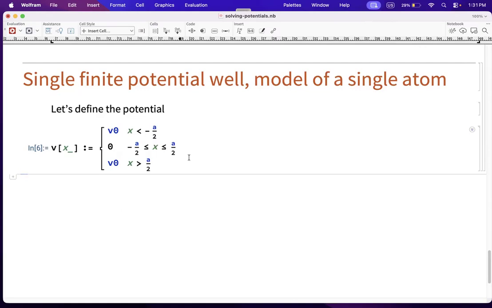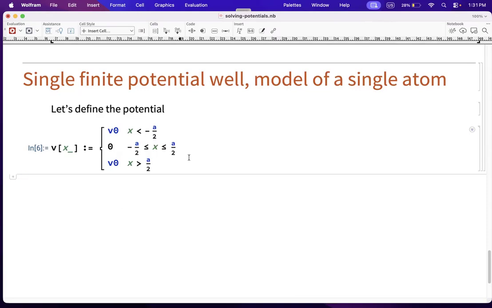Okay. So now we should start to solve. So first we propose this. And now I'm going to do the following.